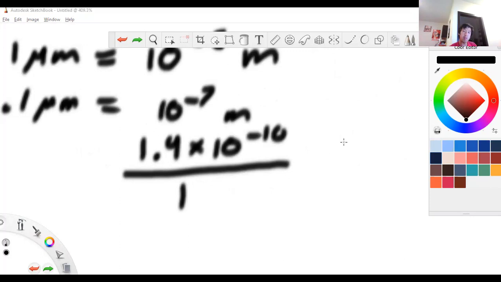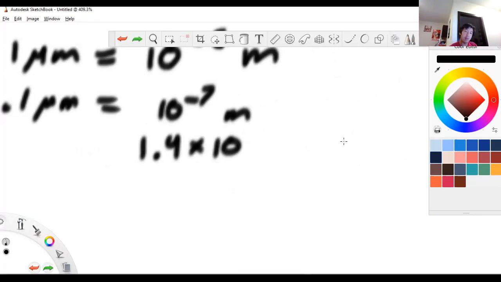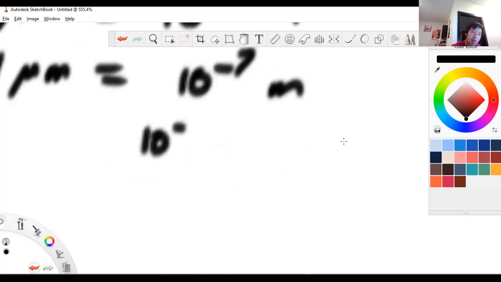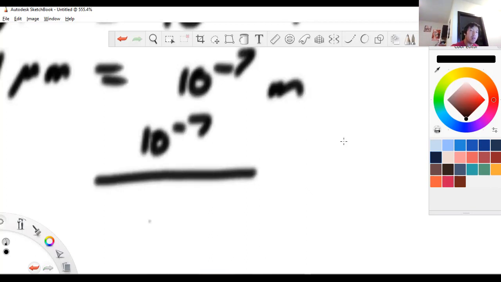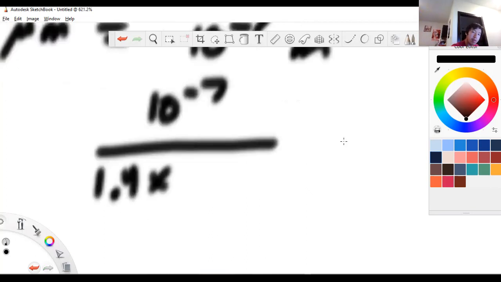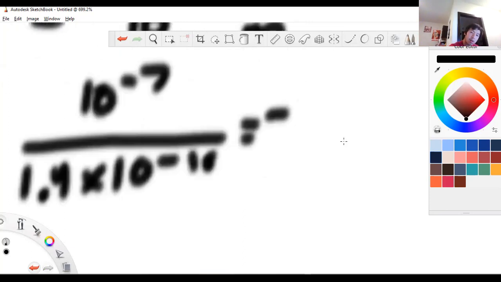Actually, wait, no, that's not right. Got it backwards here. Just divide our 10 to the negative 7th by our 1.4 times 10 to the negative 10th. And we get 714.2.